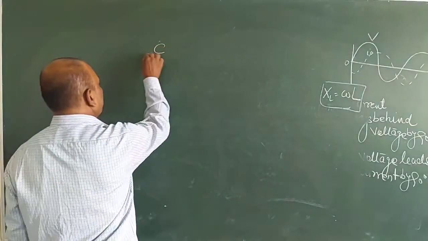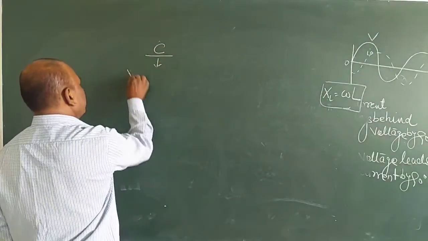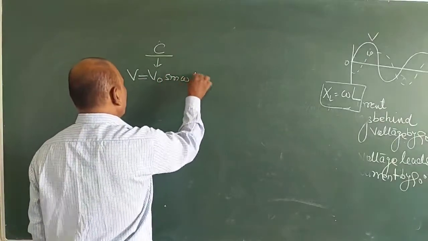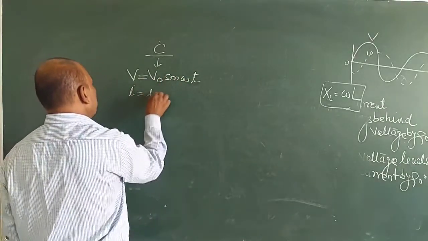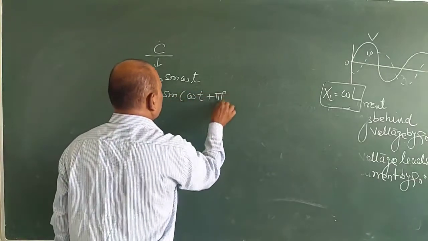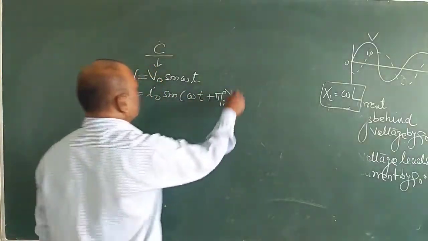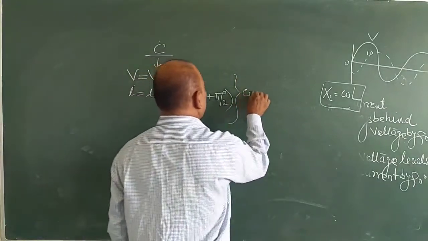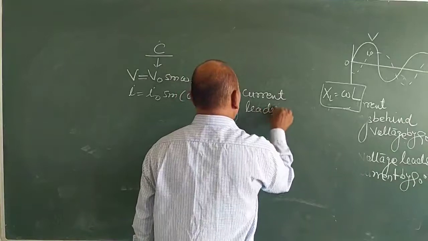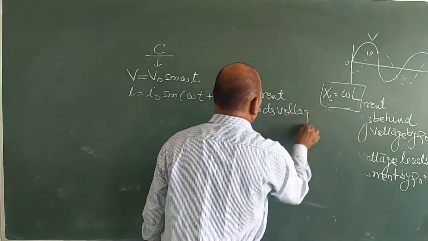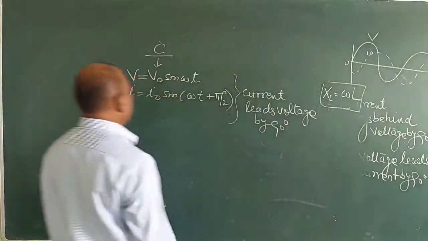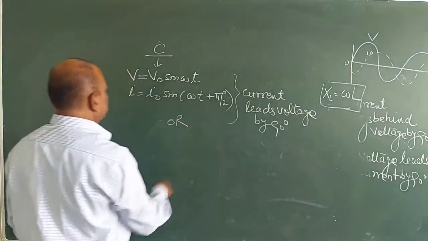In the case of capacitance, when the applied voltage is V0 sin omega t, then current comes out following this equation, with plus pi by 2. So we can say that current leads voltage by 90 degrees, or just the opposite.